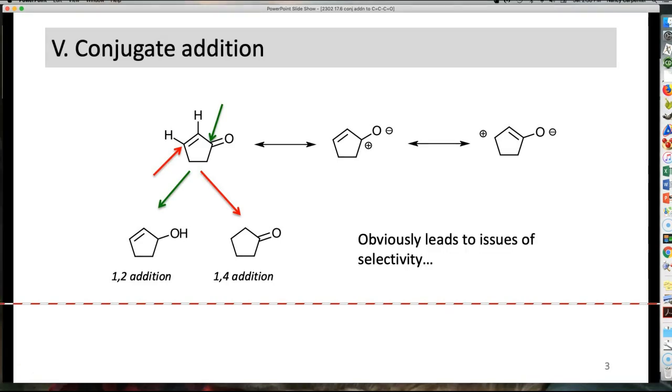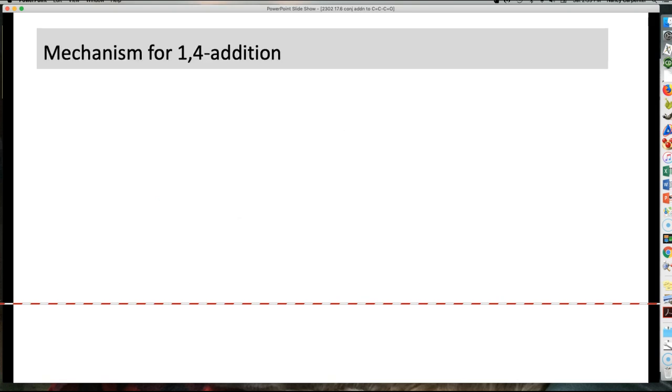This obviously leads to issues of selectivity and control. We want to be able to control whether we get 1,2 or 1,4 addition, or we at least want to be able to predict it. So let's first look at the mechanism for 1,4 addition, and it's actually pretty straightforward.